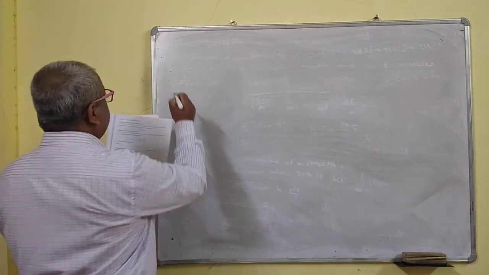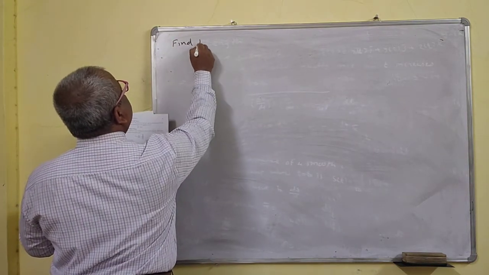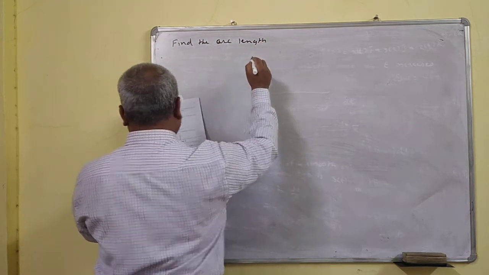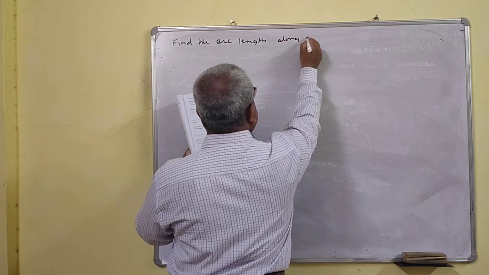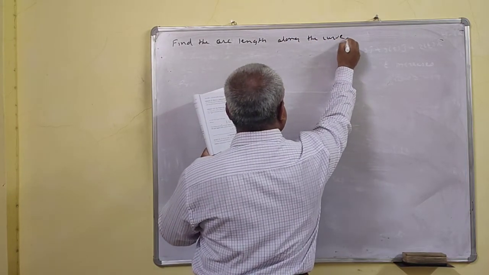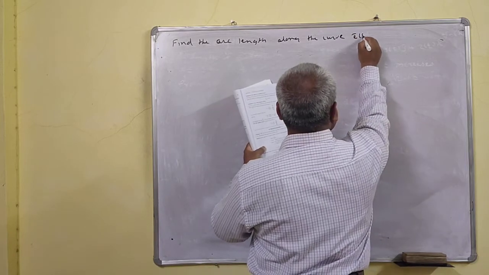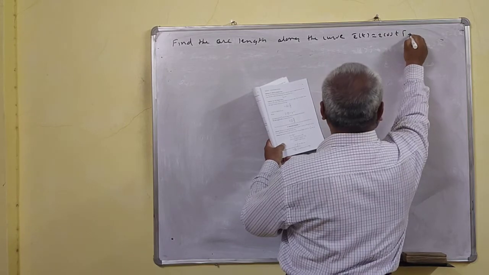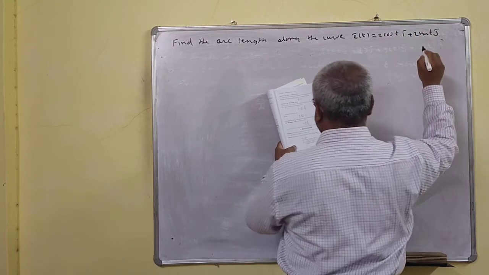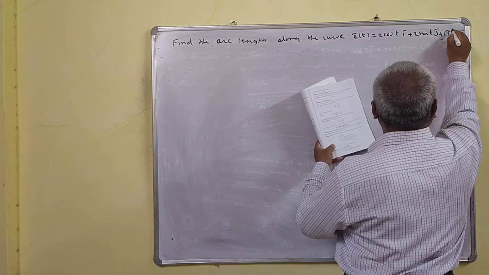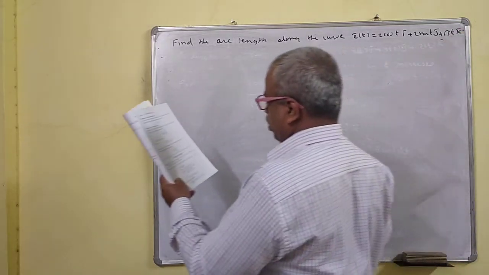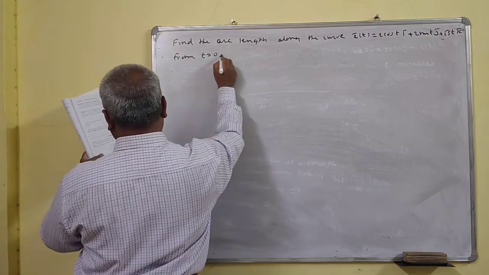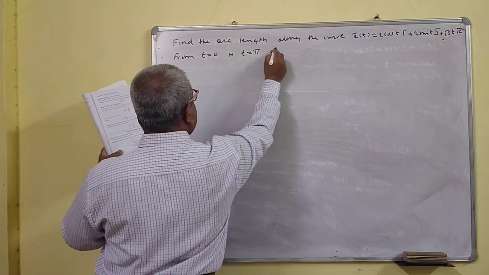Find the arc length along the curve r bar of t equal to 2 cos t i bar plus 2 sin t j bar plus root 5 t k bar, from t equal to 0 to t equal to pi.